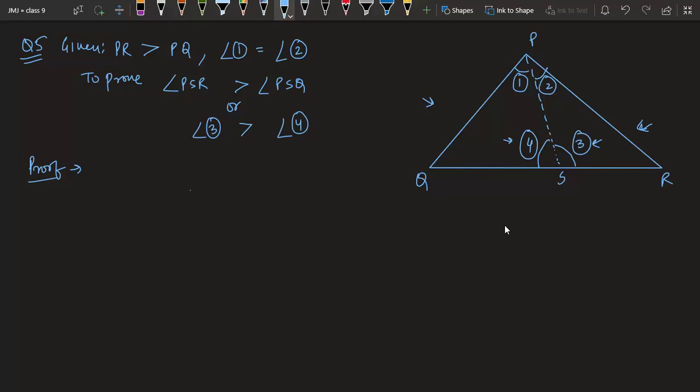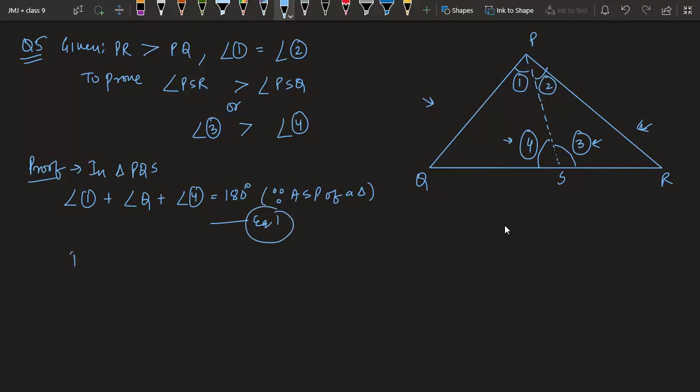So in triangle PQS, by ASP, angle 1 plus angle Q plus angle 4 is equal to 180 degree. Very simple, because of the angle sum property of a triangle. Let me call it equation number 1.